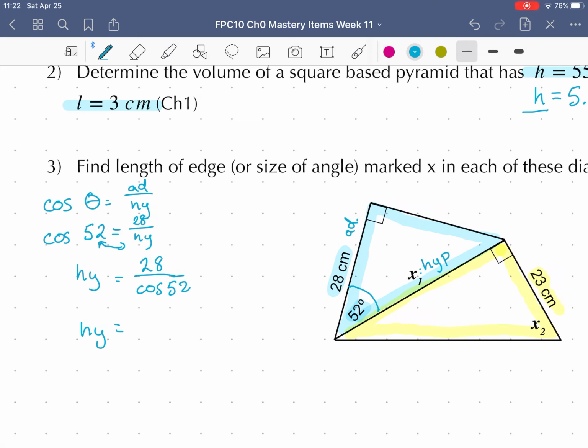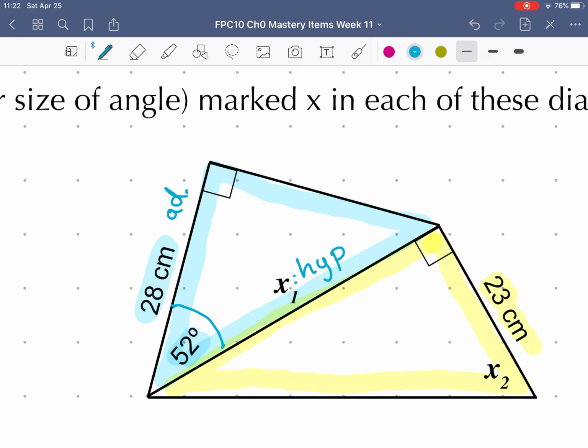So I do 28 divided by cosine of 52, and it is equal to 45.5. It's the hypotenuse. It should be the longest side in the triangle. So I write down here 45.5 centimeters.